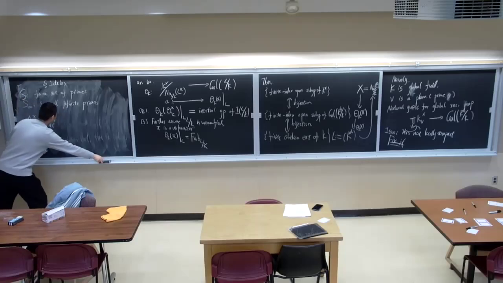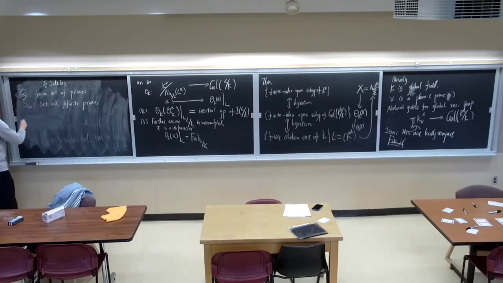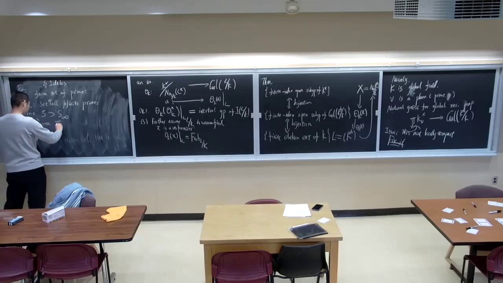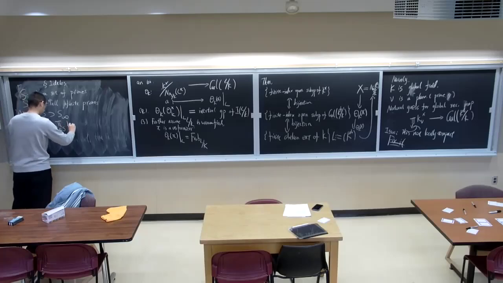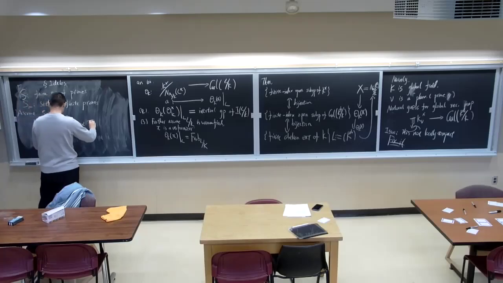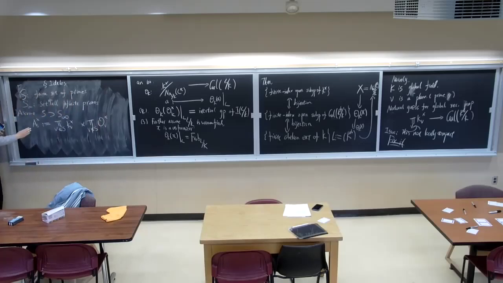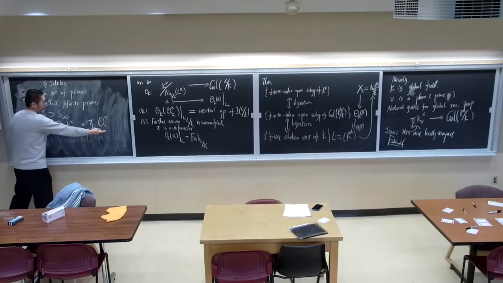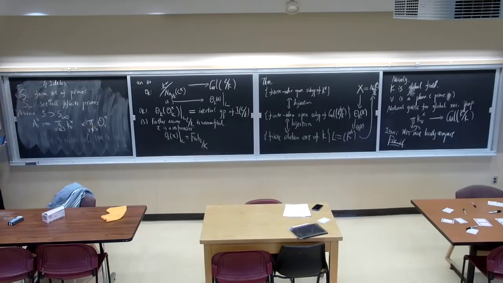Sorry, I need to assume S contains all the infinite primes, the set of all infinite primes. We define a set A_S cross as the finite product of K_v cross and the infinite product of unit group O_v cross.